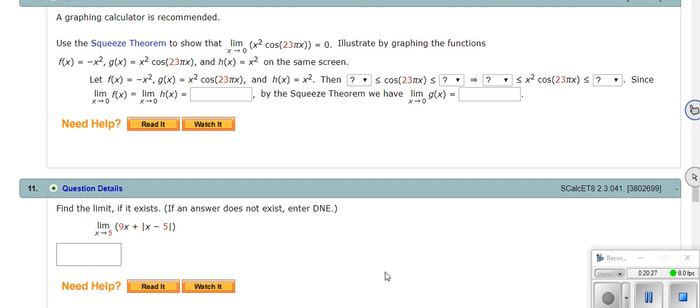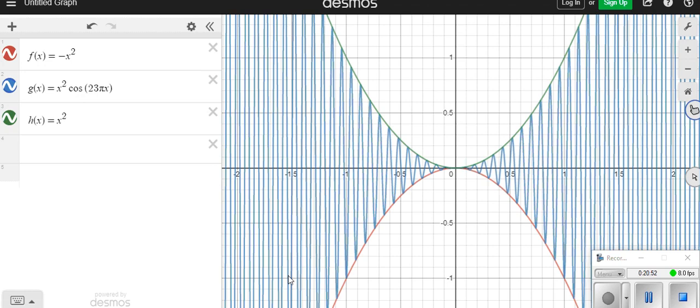Use the squeeze theorem to show that the limit as x approaches 0 of that whole big hunk of mess is 0. This one I'm just going to help you by showing you a graph. Okay, so let me go back to here, and I actually used Desmos. There we go. So here, I even labeled them f of x, g of x, h of x.